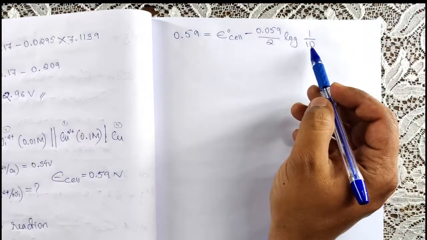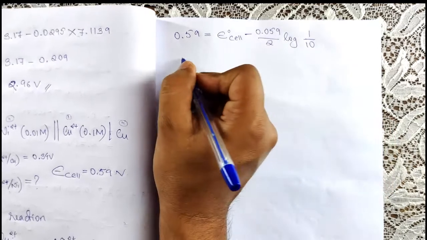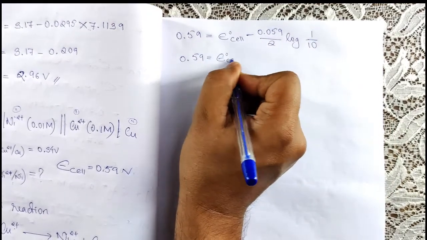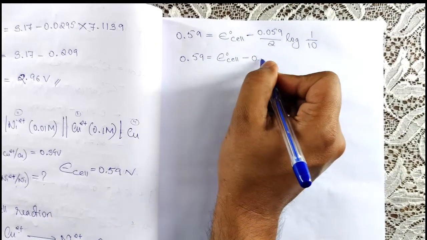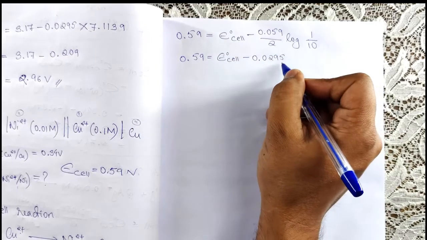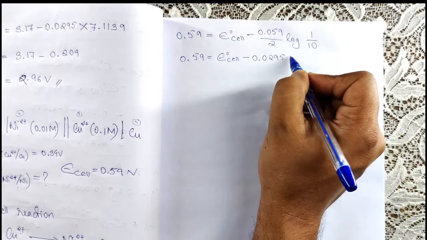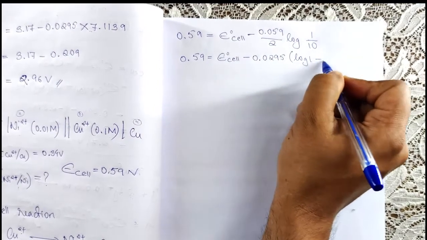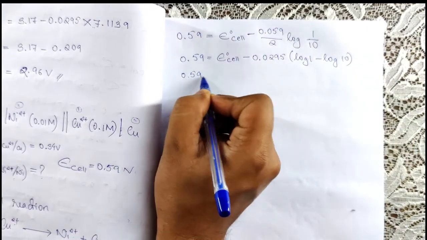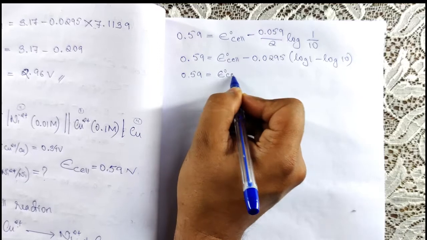So if you remove the points, you'll get 1 by 10. If you divide by 2, you'll get 0.0295, and then out here log 1 minus log 10. 0.59 is equal to E naught cell.